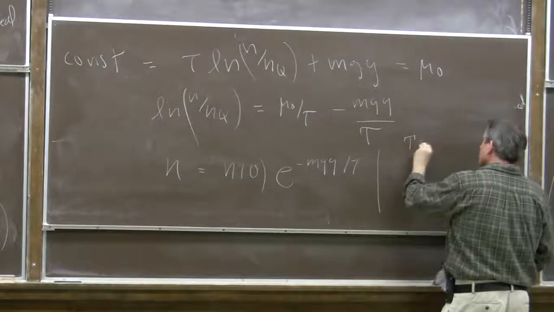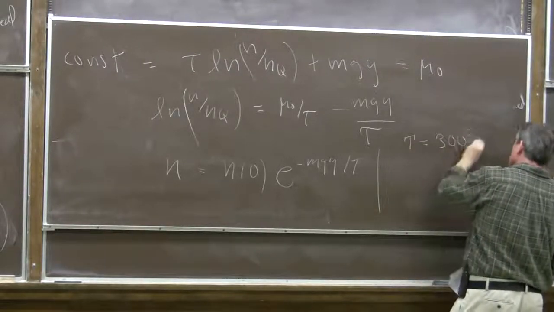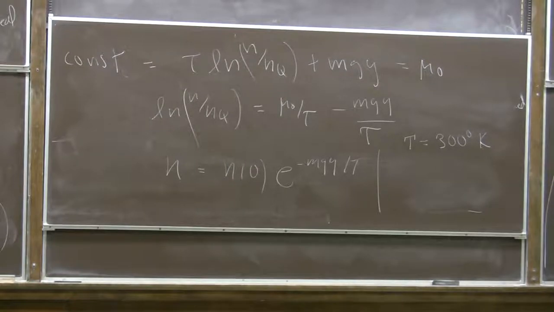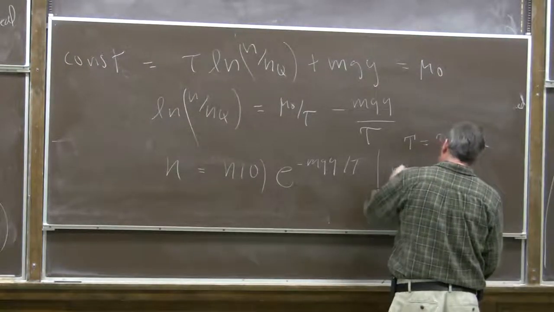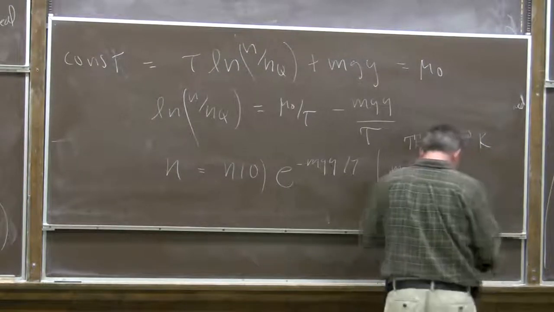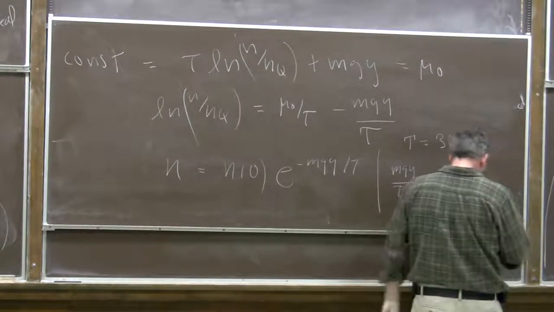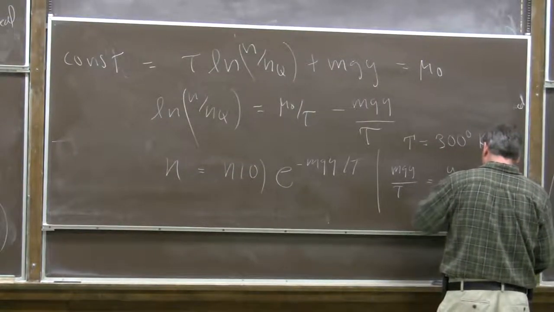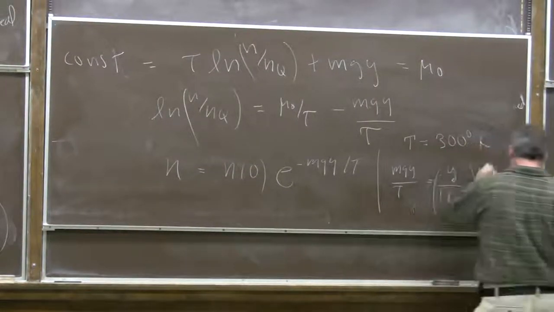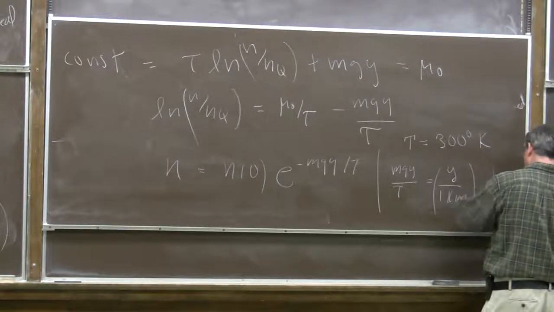Well, T equals 300 degrees K. And then mgy over tau can be written as y over a kilometer times 1 over something like 8.0.